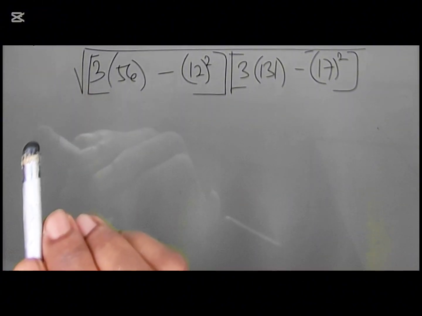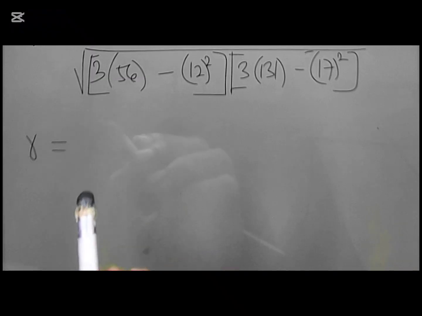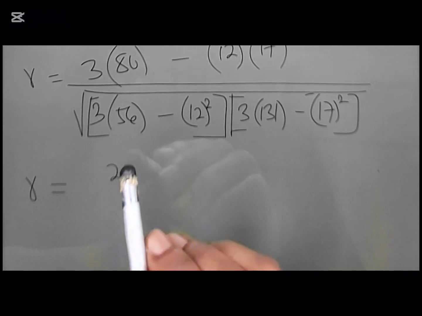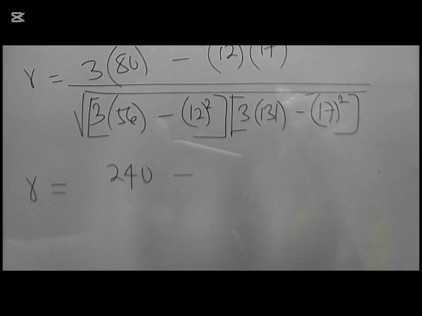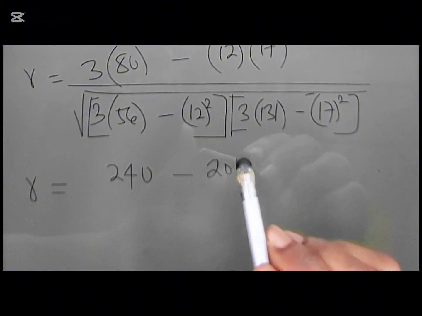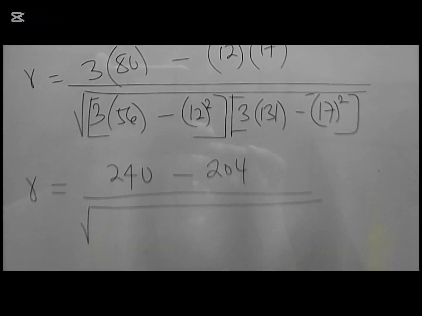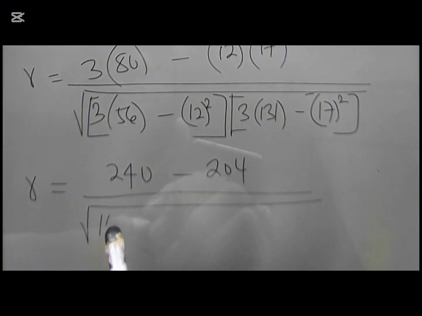That means our correlation using Pearson product moment is equal to 3 times 80, which gave us 240, minus 12 times 17, which gave us 204, over the square root of 3 times 56, which is 168.